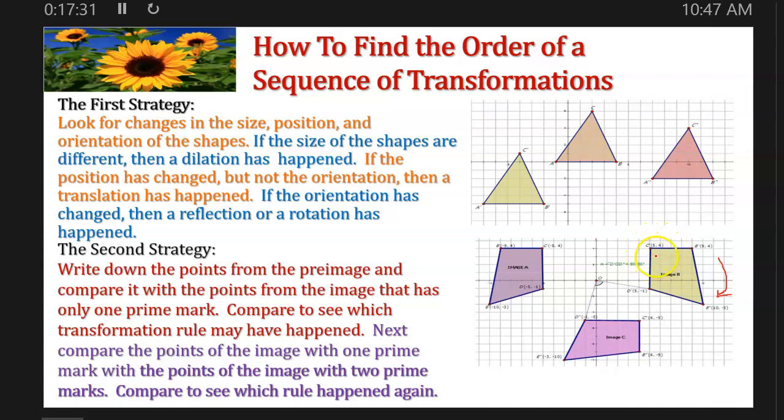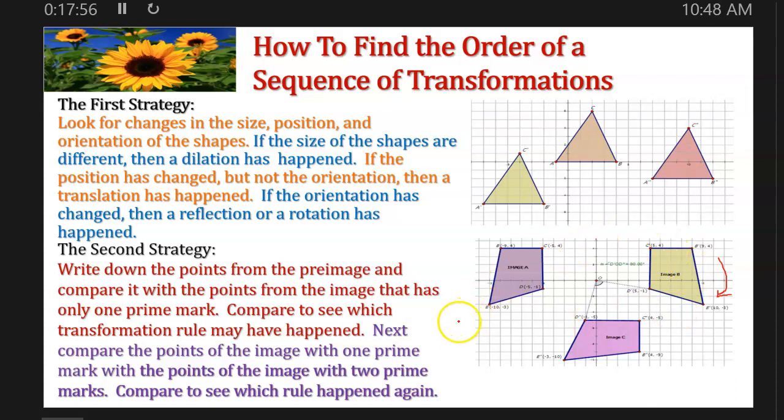And remember the rule for rotating 90 degrees states that we take the x, we change it to its opposite sign, and then we flip the x and the y around. So if I do that with C, I'm going to get 4 and then negative 5. And if you notice down here on the C point, you're seeing 4 and then negative 5. And that does work for every point on the quadrilateral. So it's definitely a 90-degree rotation.